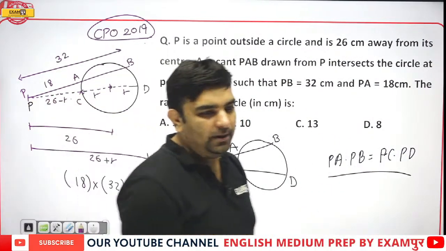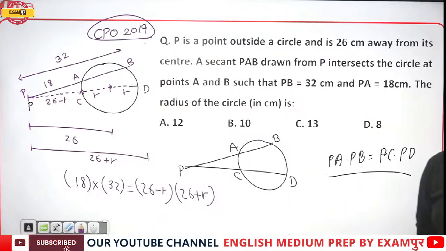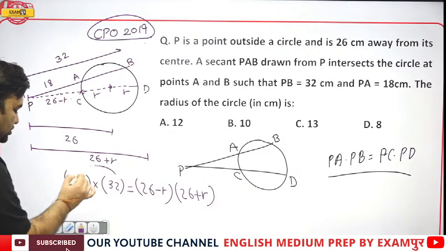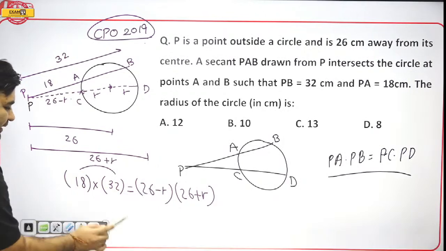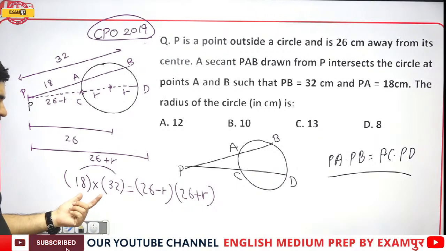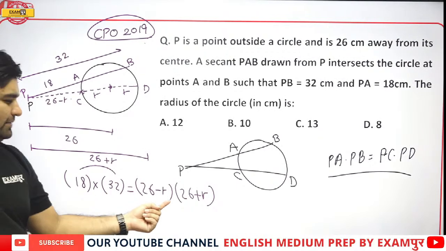PA into PB is equal to PC into PD. So just do this multiplication and enjoy the meal. 32 into 10, 320. 32 into 18 is how much?